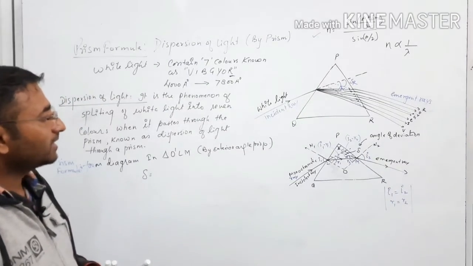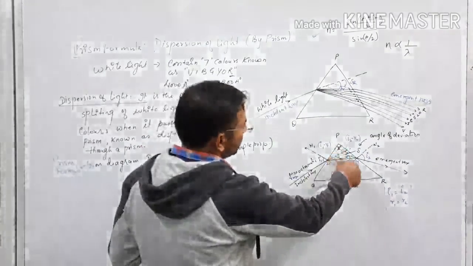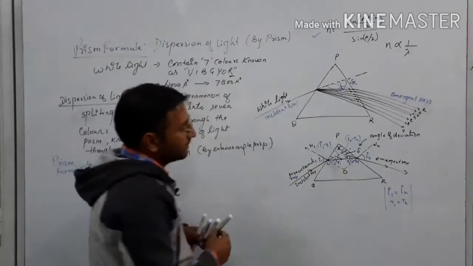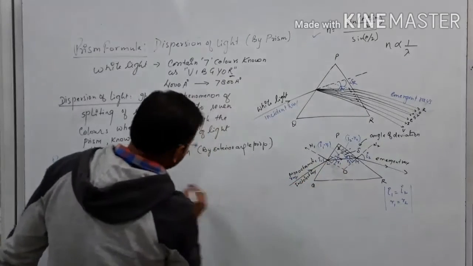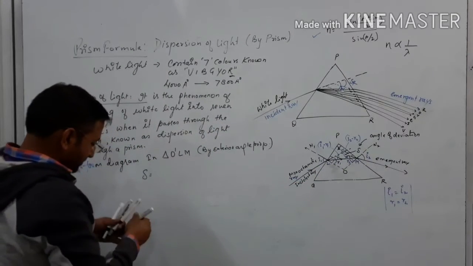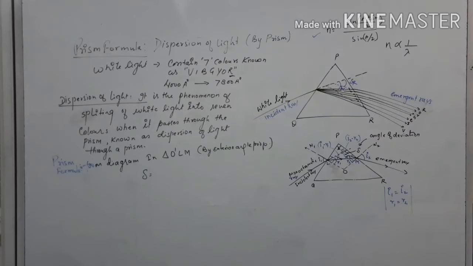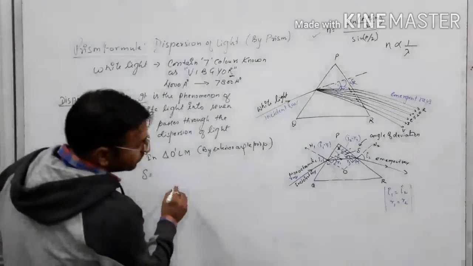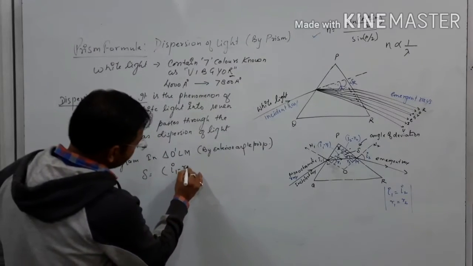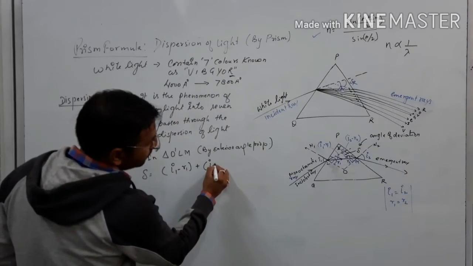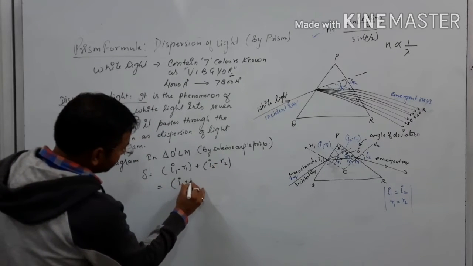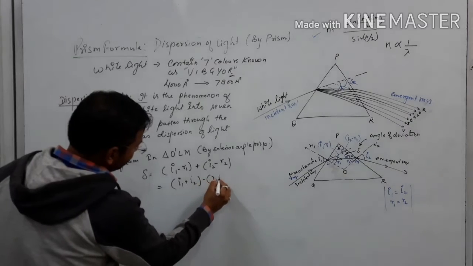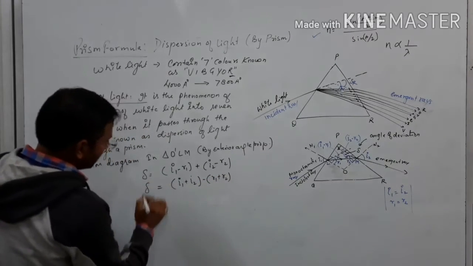So here, by following the geometrical properties in this triangle O dash and M, I will see this delta is equal to the sum of the two interior opposite angles, which is delta equals I1 minus R1 plus I2 minus R2, and if I arrange it, I1 plus I2 minus R1 plus R2, this is the value of delta.